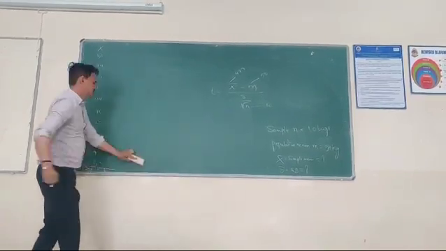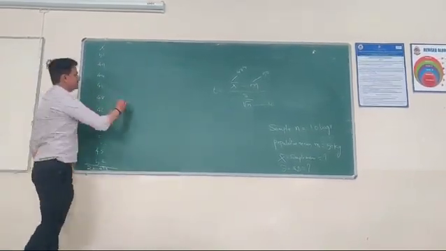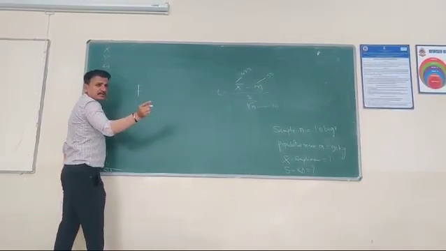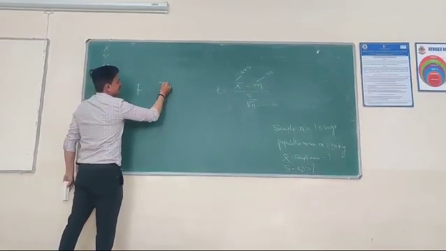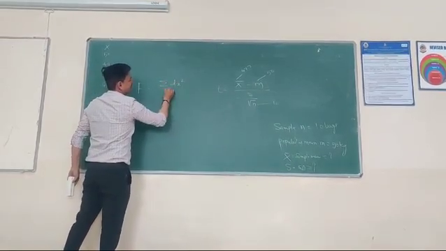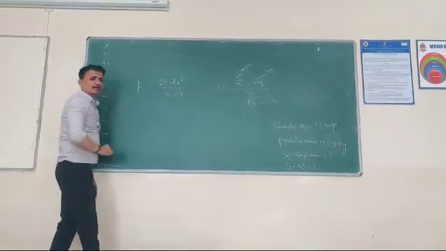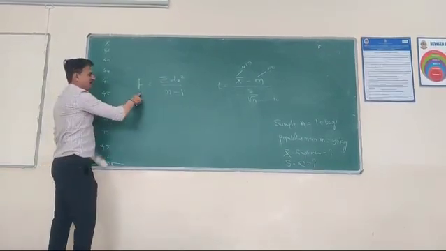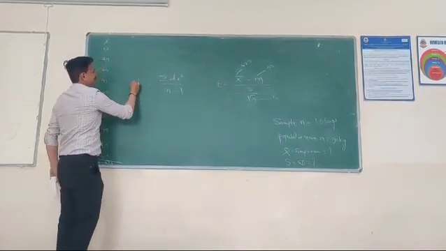See, I told you for F test there is one formula. That is nothing but summation of dx square divided by n minus 1. So here also we have to use the same formula for variance.